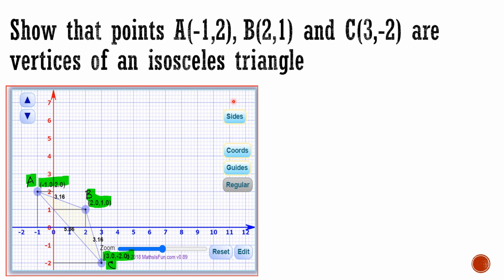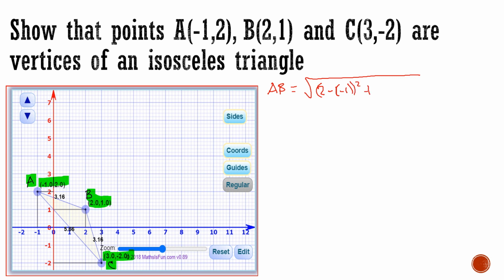Now, if you do not have the luxury of time when you are in the examination, you can use your knowledge in analytic geometry and say that AB, okay, AB is equal to the square root of, so that is from A to B, that will be 2 minus negative 1 quantity squared.